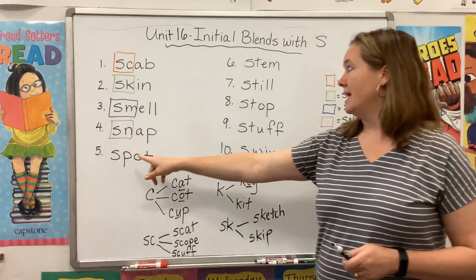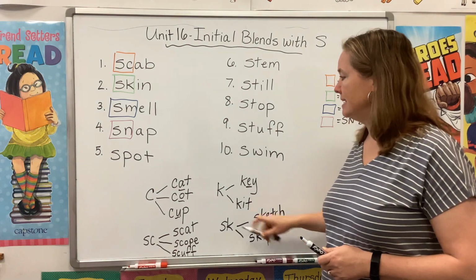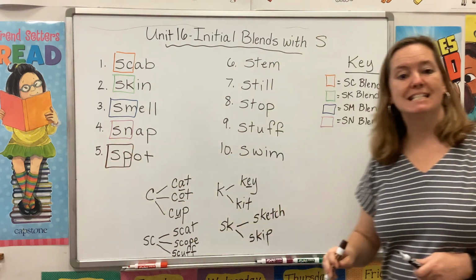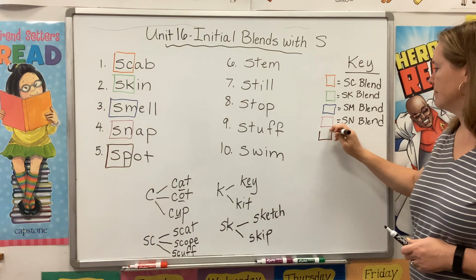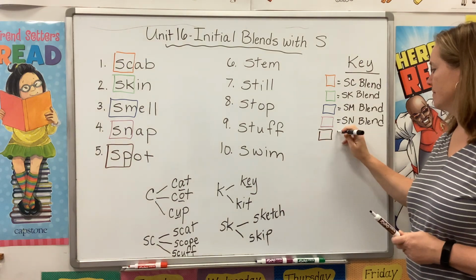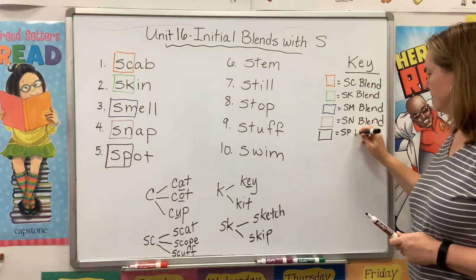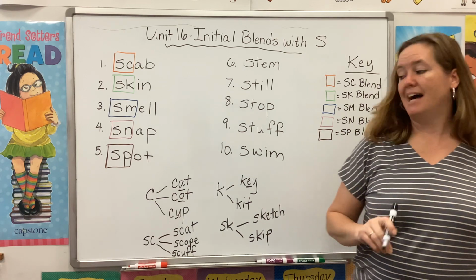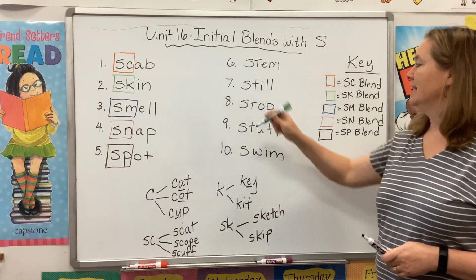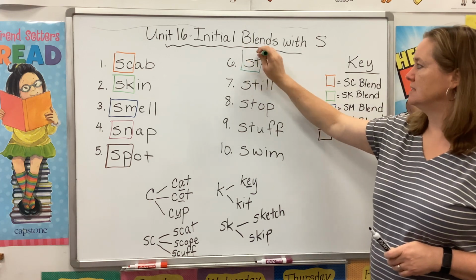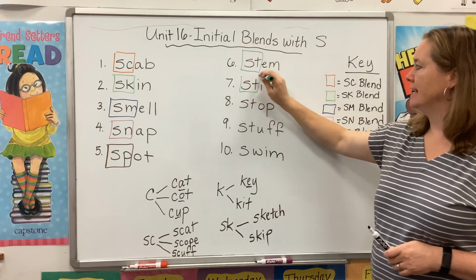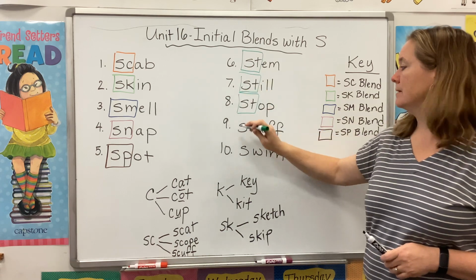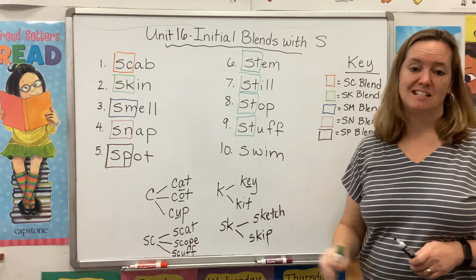We have the SP blend in words like spot, and we have the ST blend in words like stem and still, stop, and stuff.